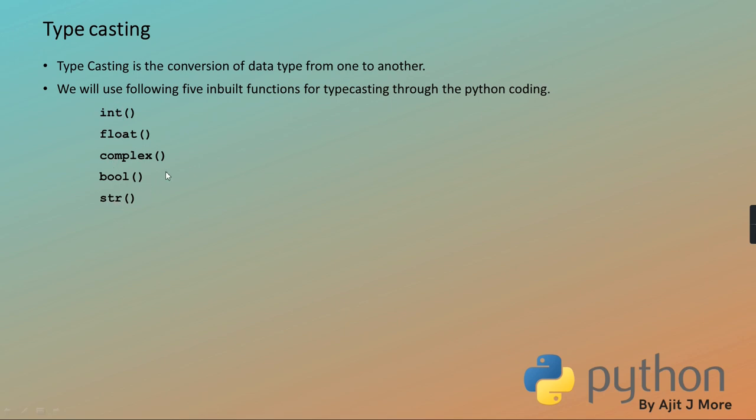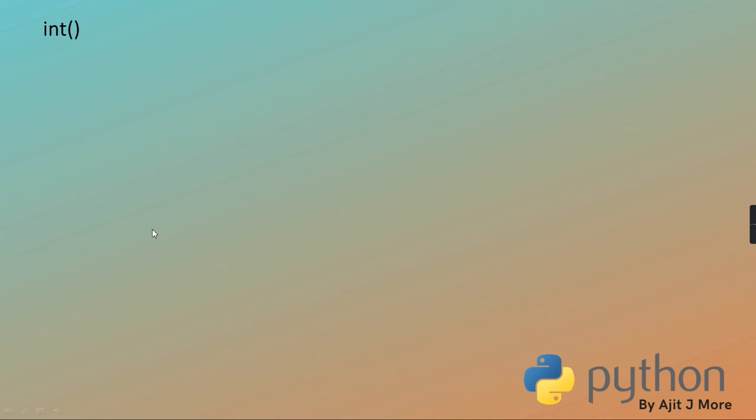If you match it with the corresponding object oriented principle, it is actually a constructor of the int class, constructor of the float class, constructor of the complex class. We are not going into that technicality. For simplicity, we are calling these 5 casting functions, 5 inbuilt functions for doing the conversion. Now we will discuss all these conversions one by one.